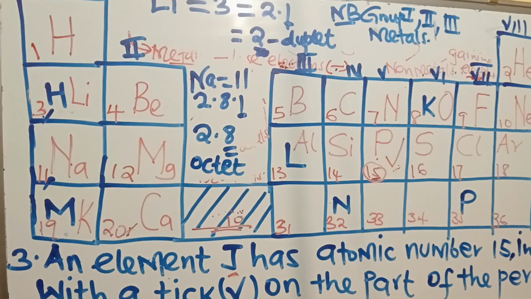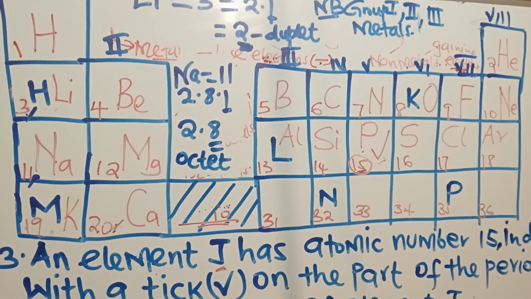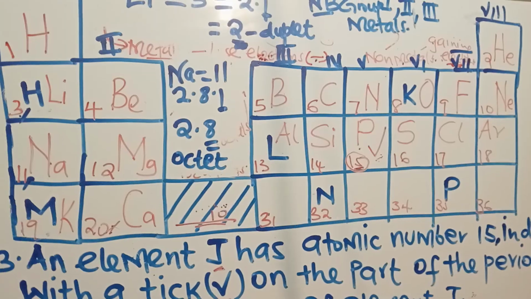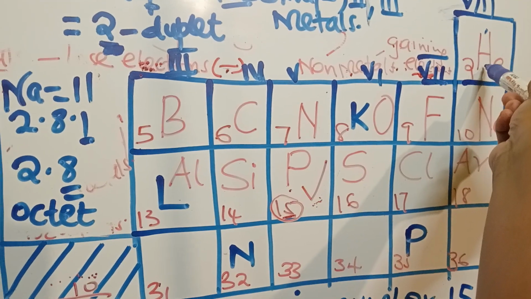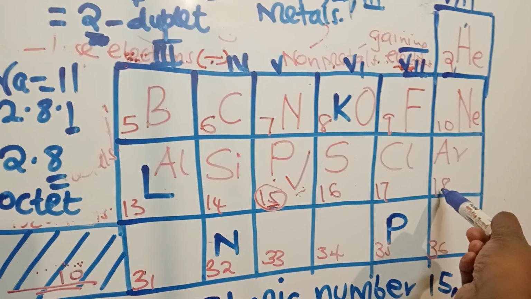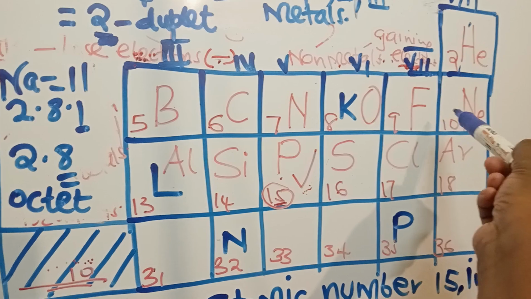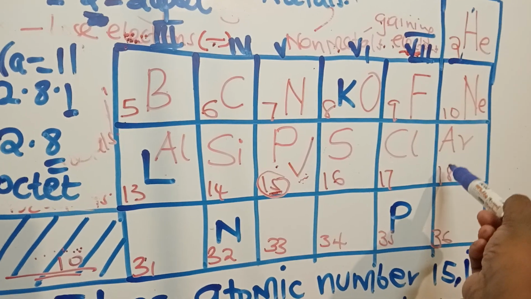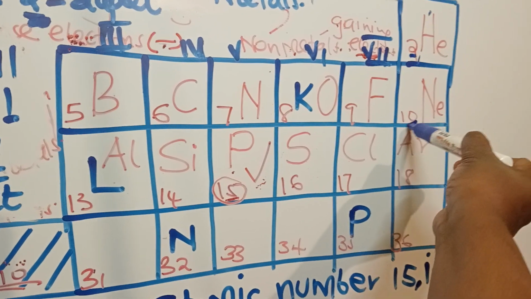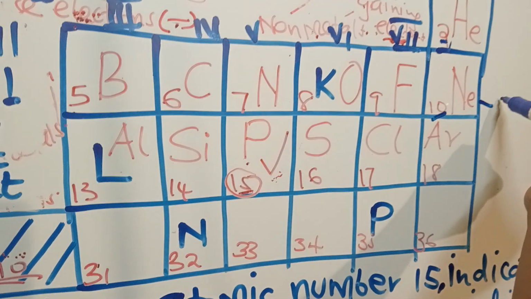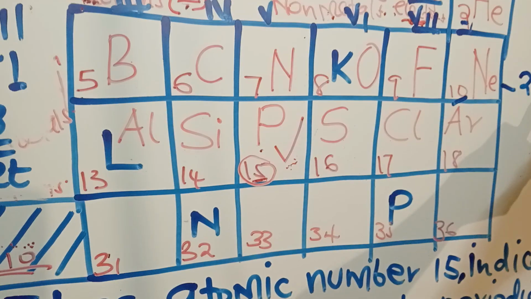Either the duplet configuration, that one is stable with the 2 like that one of helium. Because you check here where we have group 8. These elements in group 8 are already with a stable configuration. Look at helium, it already has 2. This one has 10. When you write the electronic configuration, it will be 2.8.